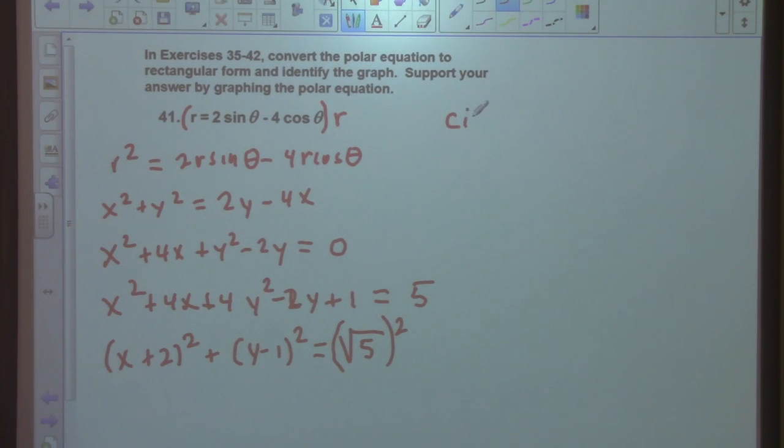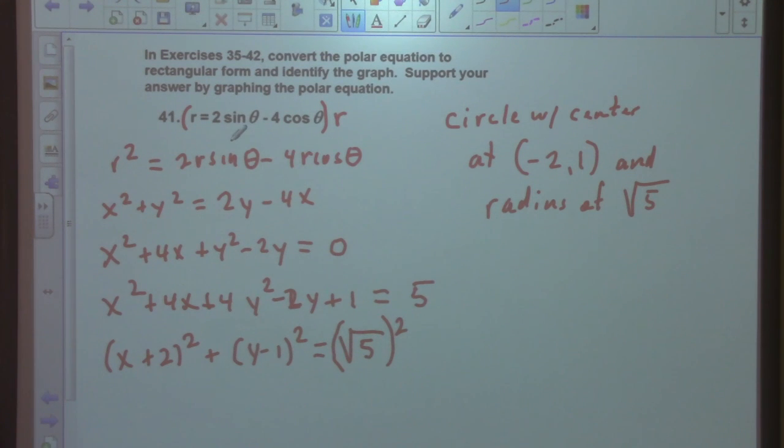Well, this is a circle with center at, what's our center? Negative 2, 1, right? Negative 2, 1. And what's our radius? Yes, our radius of square root of 5.